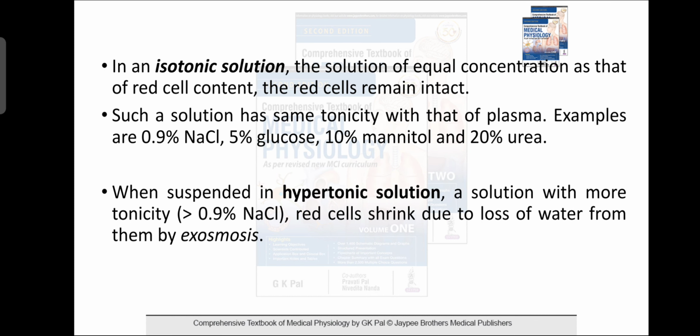If we place the RBC in an isotonic solution, that is, a solution of equal concentration to the RBC content, the RBC remains intact. So which are the isotonic solutions? 0.9% sodium chloride, 5% glucose, 10% mannitol and 20% urea. All these solutions have the same tonicity as that of the plasma.